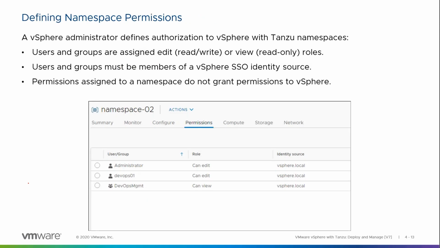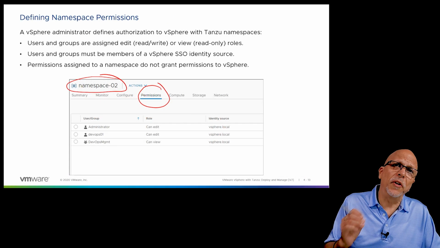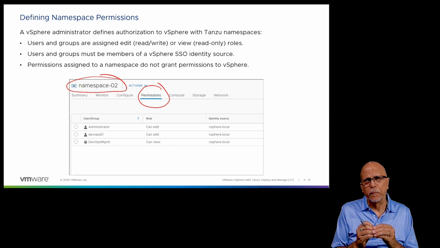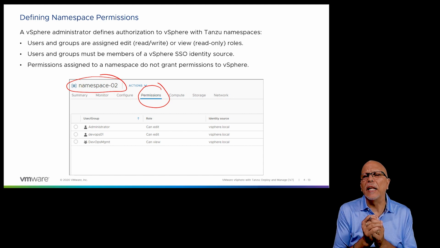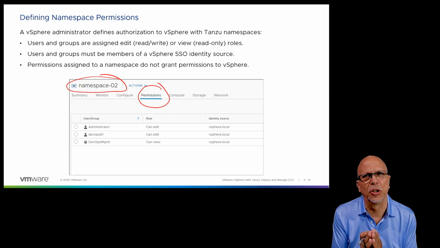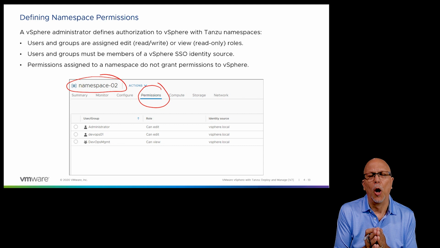As I said, you can set permissions. Those permissions are displayed on the permissions tab of your namespace. When we're defining permissions from the vSphere client perspective, we're really defining half of their permissions. There are two parts to permissions.